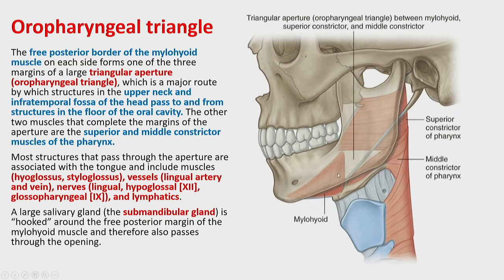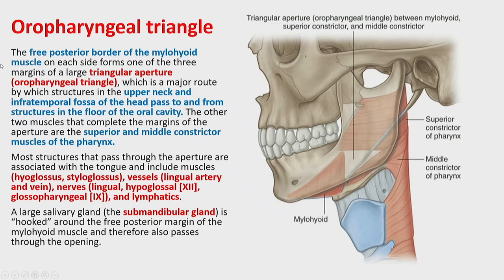Between them there is this triangle, which is called the oropharyngeal triangle, and these spaces are always important for us. Why? Because it is a space where pus, exudation and metastatic cells go and spread. Then it goes to the dangerous area that we are going to discuss next week, which can be life-threatening.